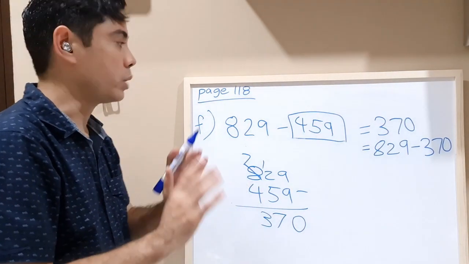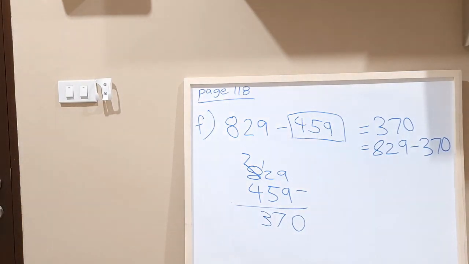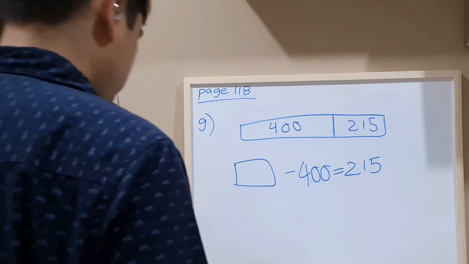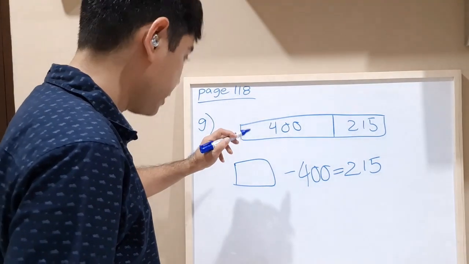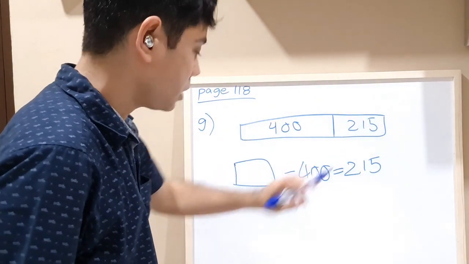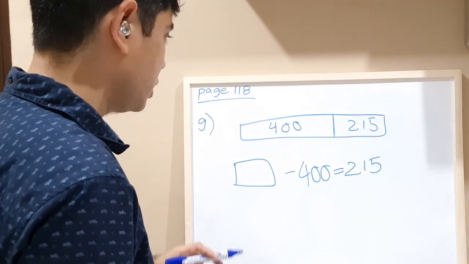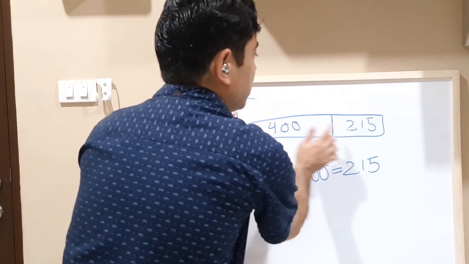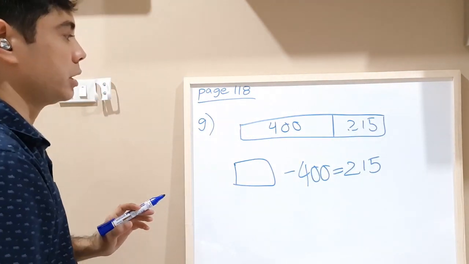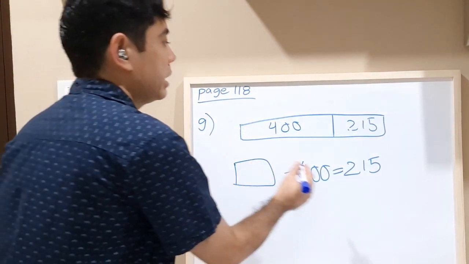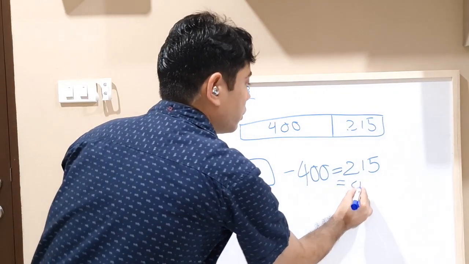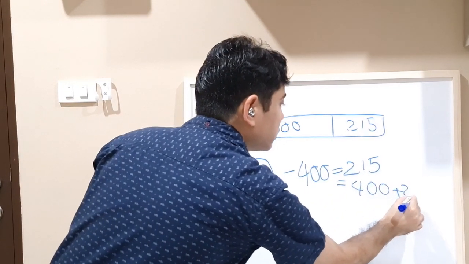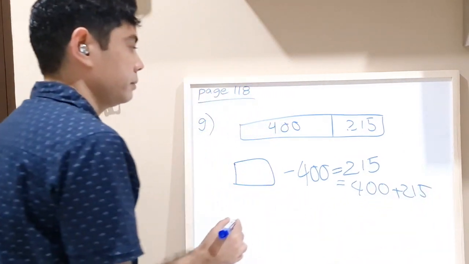It's the last one. Okay? Okay, for letter G, the last one. You have here 400 and 215. So, if you add these two numbers, what will be the answer? So, let's add 400 plus 215.